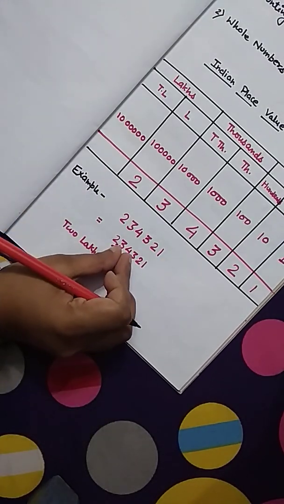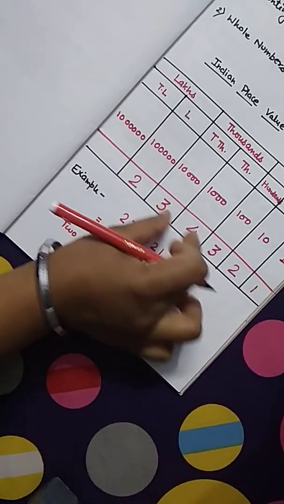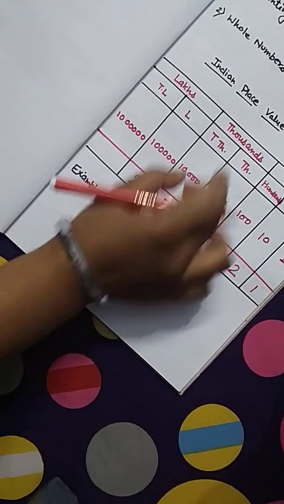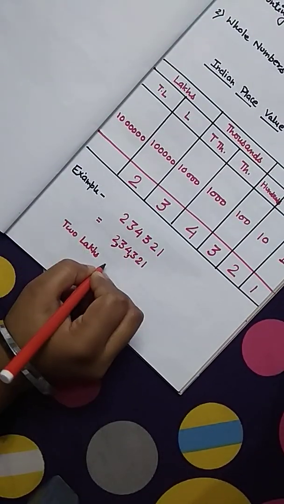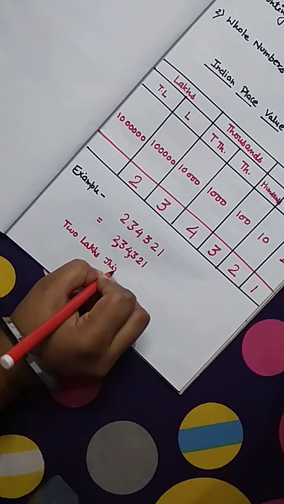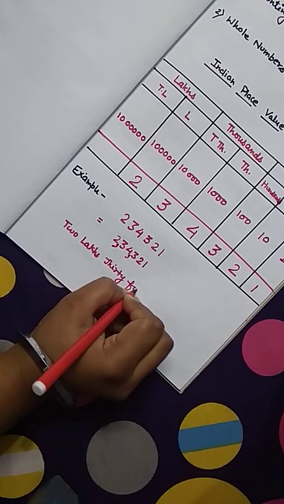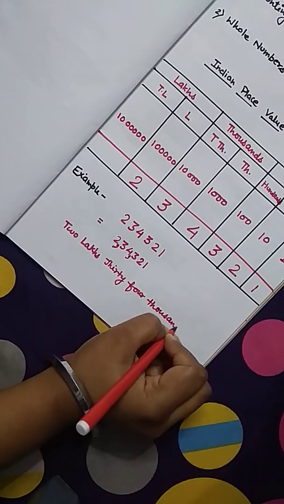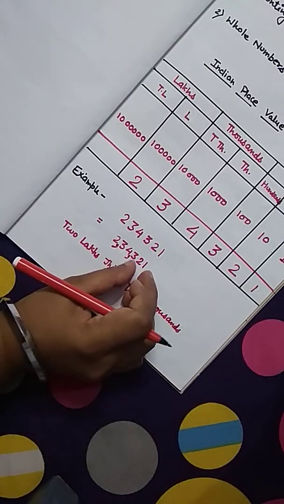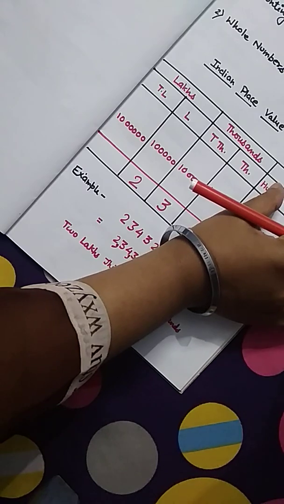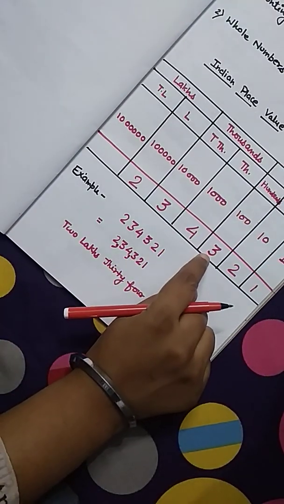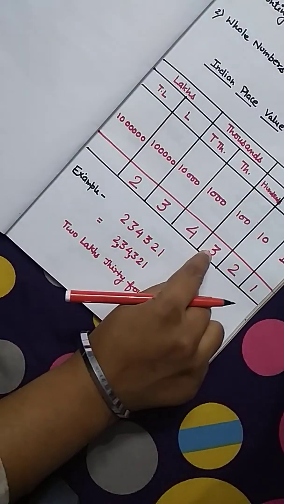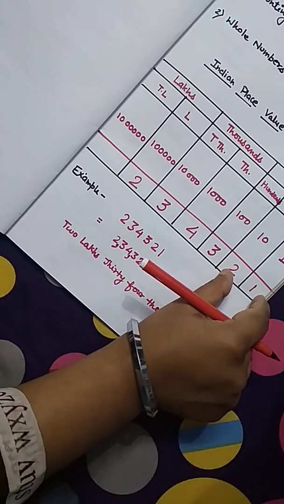After this is the thousands period, 3 4, 34,000. 2 lakhs 34 thousand. Then in the ones place, 3 is the hundreds place value, 321.